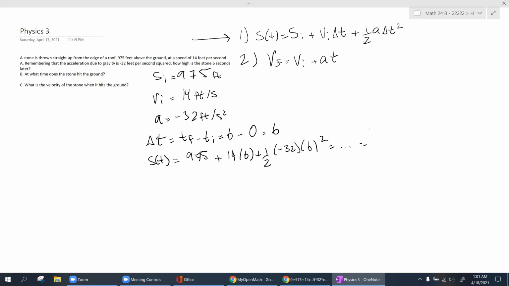The good thing about this is that I don't need to solve for something else. I can just plug in and continue. This here should be 14. It's 14, 16 times 36. This gave me 483 feet. So this is my answer for A.